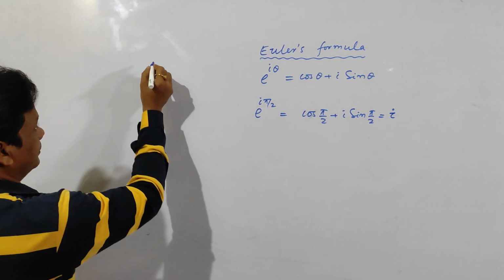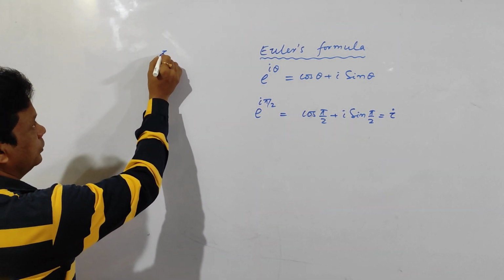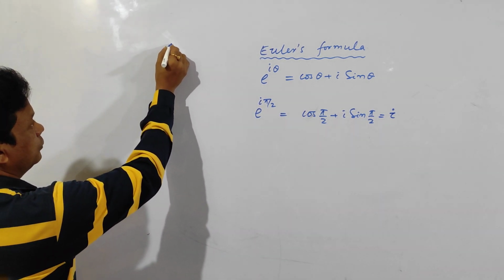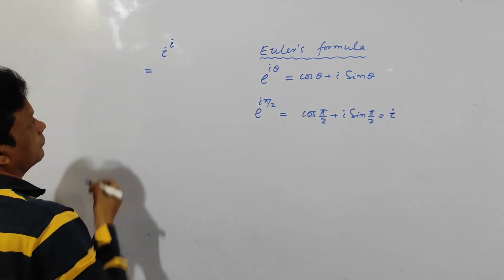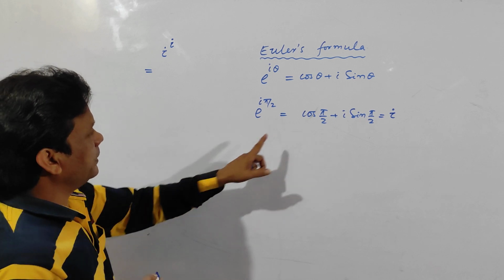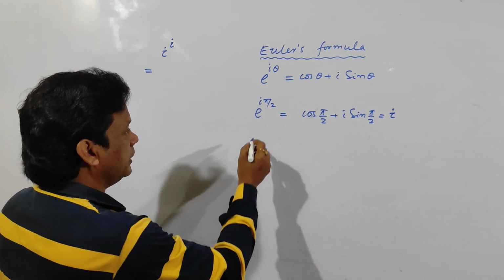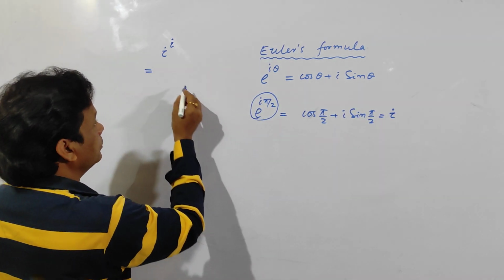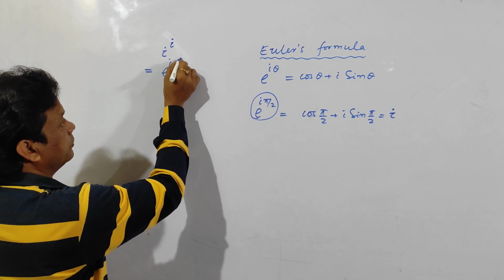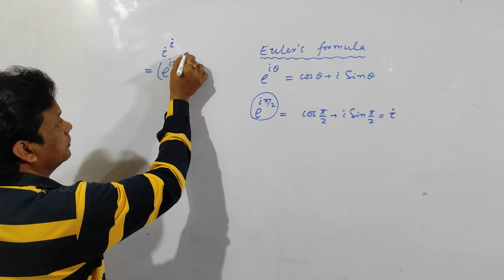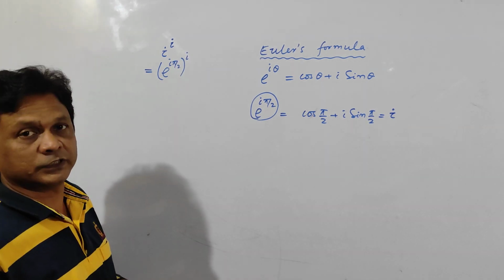Okay, see here, a very interesting thing I am going to tell you. What is i to the power i? In place of i, I can write e to the power i pi by 2. So it is e to the power i pi by 2, all to the power i. Clear?